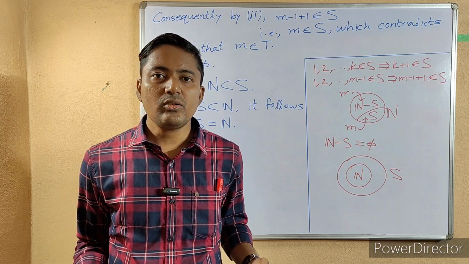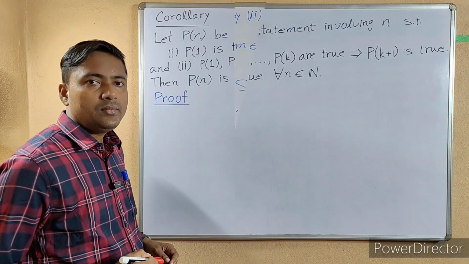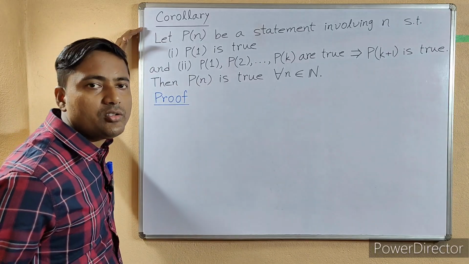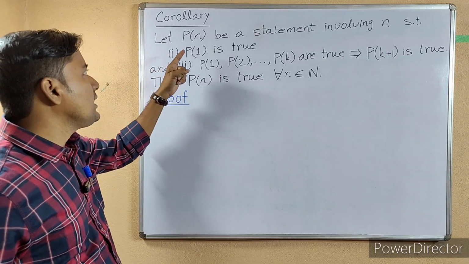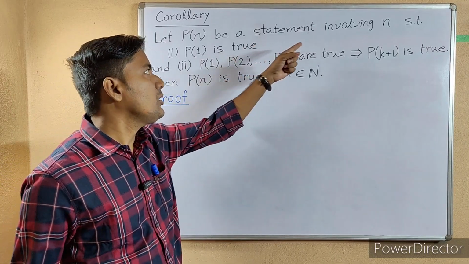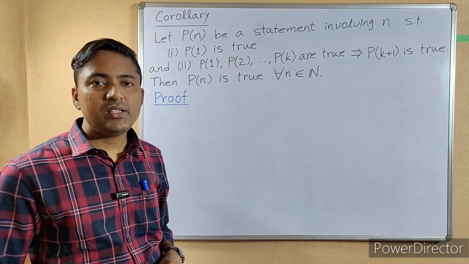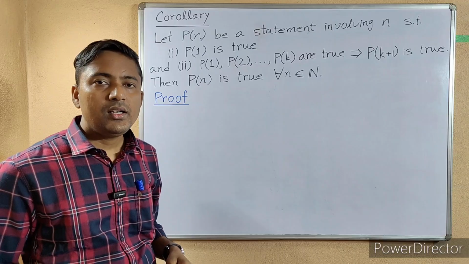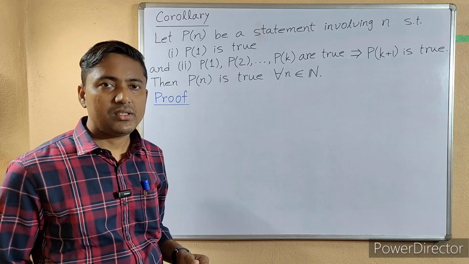Now let's look at its corollary. Okay, so here is the corollary. Let Pn be a statement involving n. Here statement involving n means what? Let me explain with some examples.